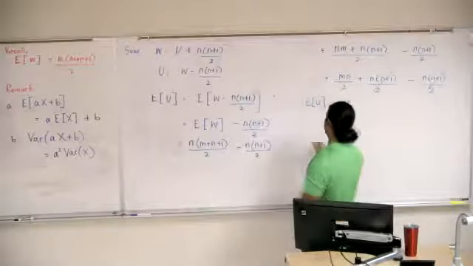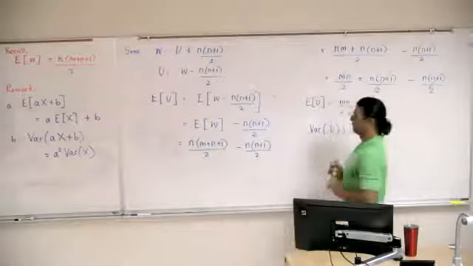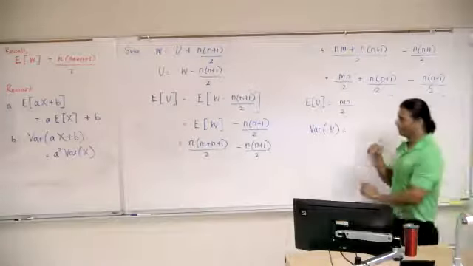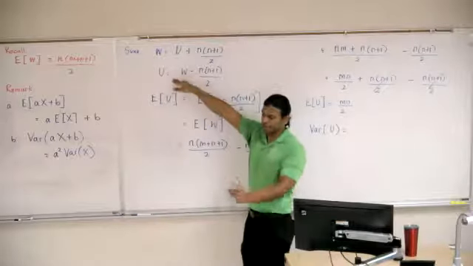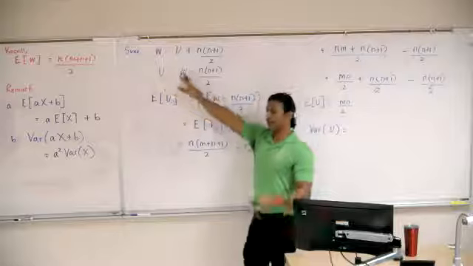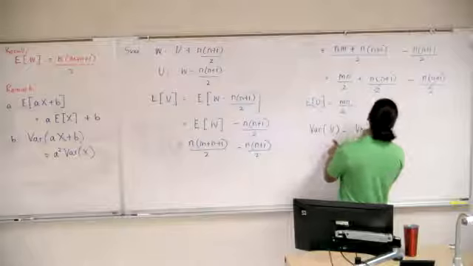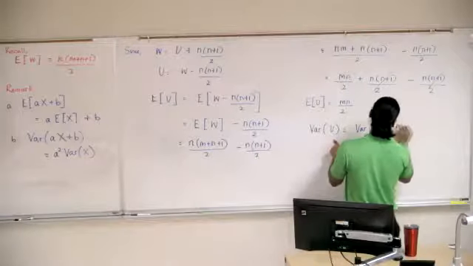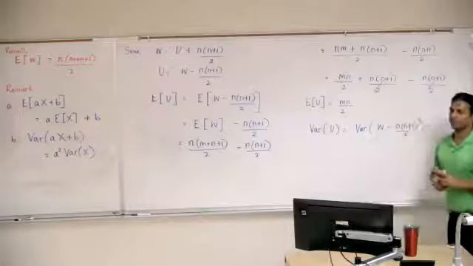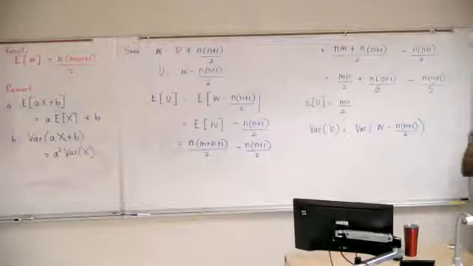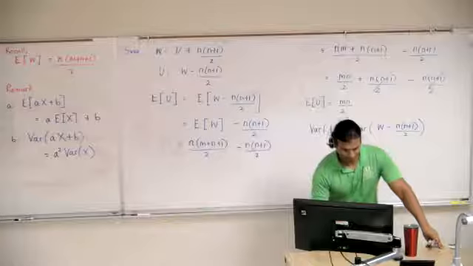What about the variance of U? Variance of U, just like the expectation, to keep things easier, think of it this way: you apply the variance on both sides. So variance of U would be variance of W minus N times N plus 1 over 2. Good. I asked you this, what would that equal to?